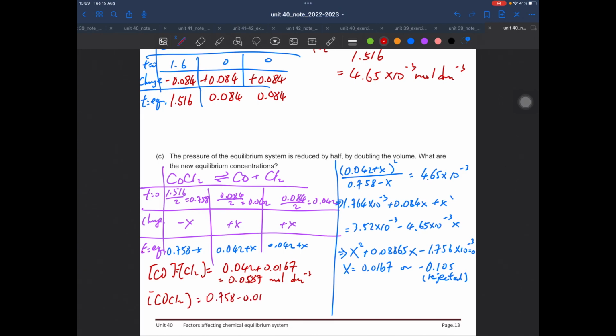While the COCl2 is like this. Okay, so you can see there's nothing special, just a time consuming job, and be careful, that's enough.